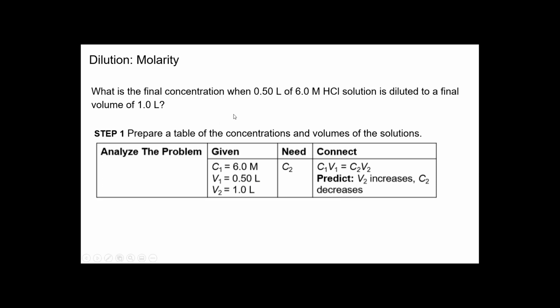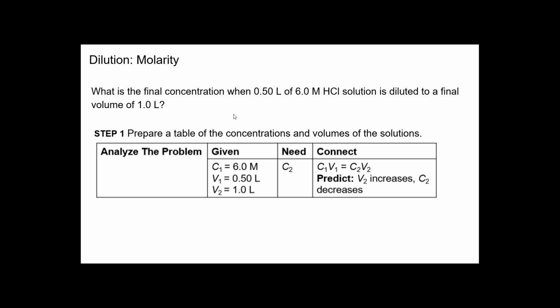What is the final concentration when 0.50 liters of 6.0 molar HCl solution is diluted to a final volume of 1.0 liters? You should also predict what's going to happen, because that'll help you determine if your answer's right or wrong. So C1 is 6 molar.